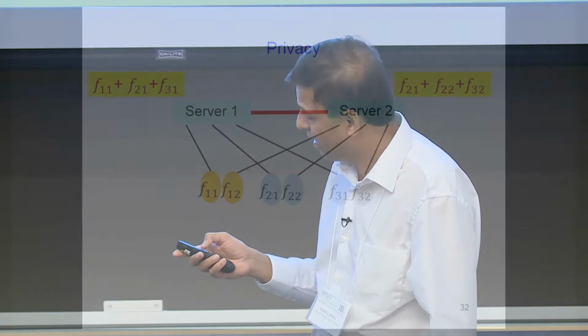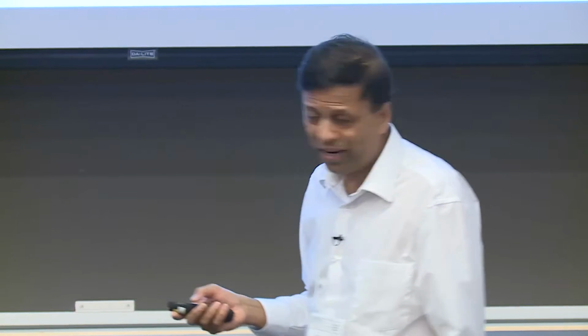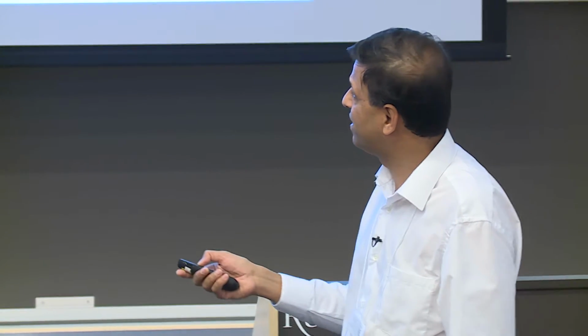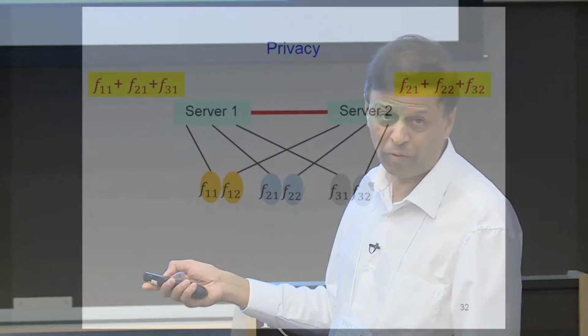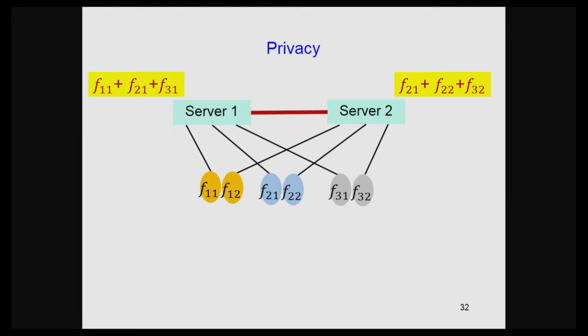The difficulty is, well, actually, before I come to the difficulty, what kind of privacy do you get here? So if you notice, server 1 is talking to f11. So in principle, it could learn the f11 cost function completely, right? If he has enough information, it could completely learn f11. This guy could learn f21, f31 as well. What's happening between these two guys? What does server 1 observe about f11, f12, f22, f32? Server 1 does not talk to f32, meaning the client with cost f32, at all.